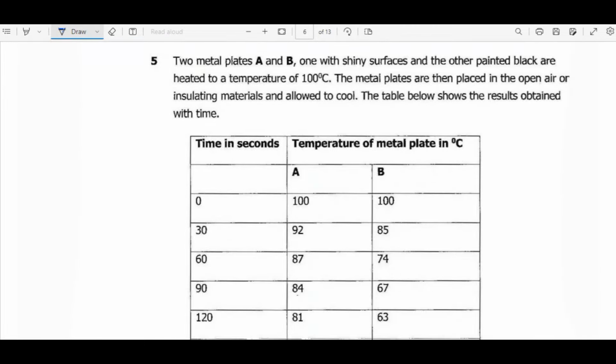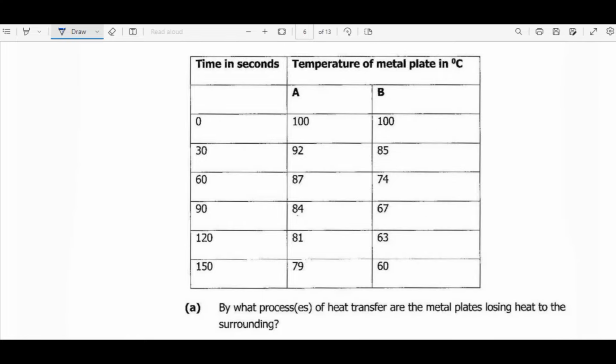Question 5. Two metal plates A and B, one with a shiny surface and the other painted black, are heated to a temperature of 100 degrees Celsius. The metal plates are then placed in open air on insulating materials and allowed to cool. The table below shows the results obtained with time: time in seconds, temperature of metal plates in degrees Celsius.